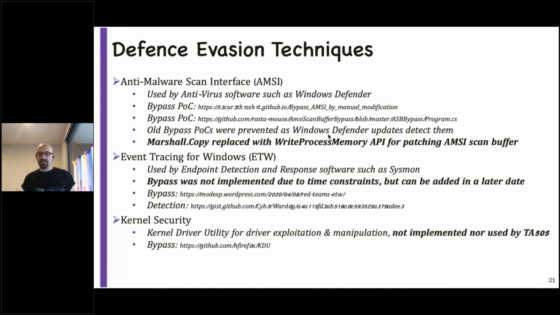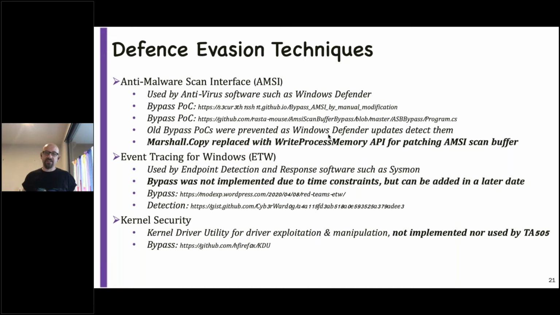Event Tracing for Windows is a main enemy of .NET tradecraft because it gives a lot of information about the .NET code running. So we can add some protections there. However, TA505 have not used .NET yet, and I was uplifting this only one single level, so I didn't add anything regarding ETW bypass or mangling the binaries.